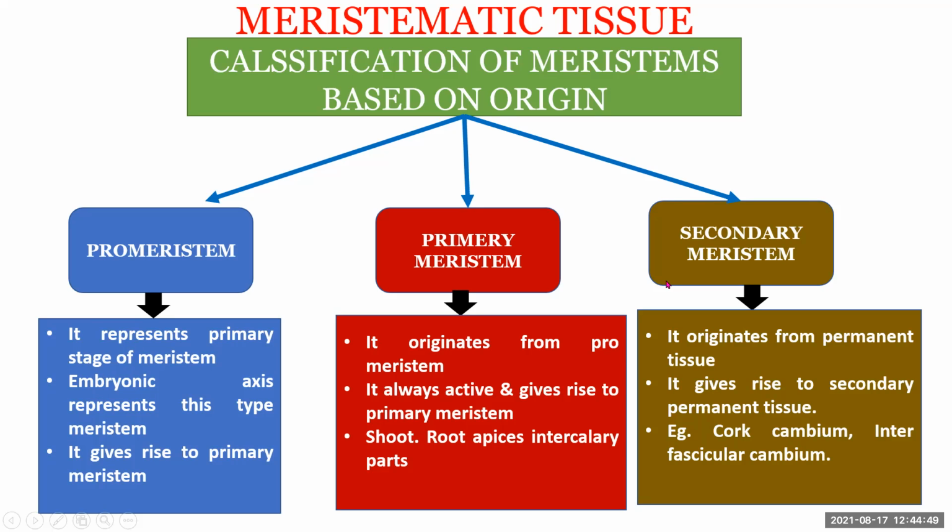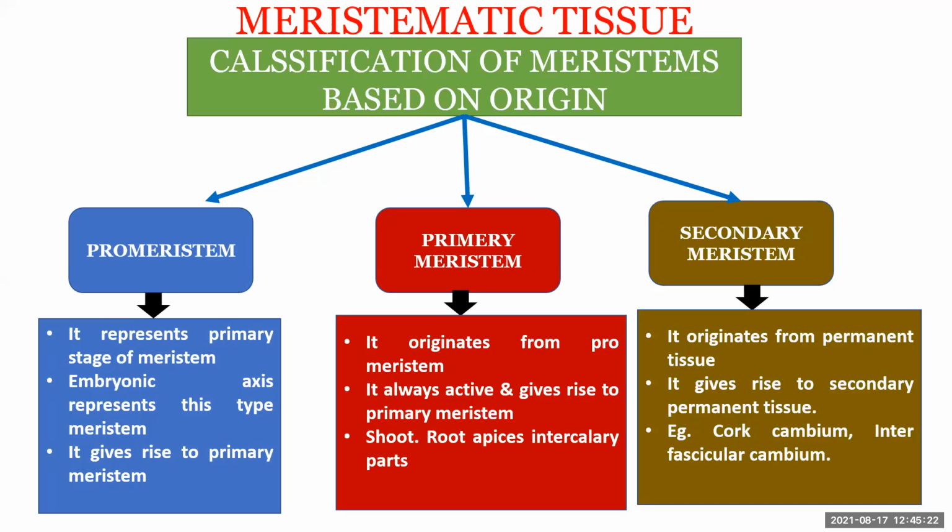Some of the permanent cells dedifferentiate into meristematic cells, and they form ring-like structures along with the primary tissue. Cork cambium is the meristematic ring which is formed at the outside of the cortex.